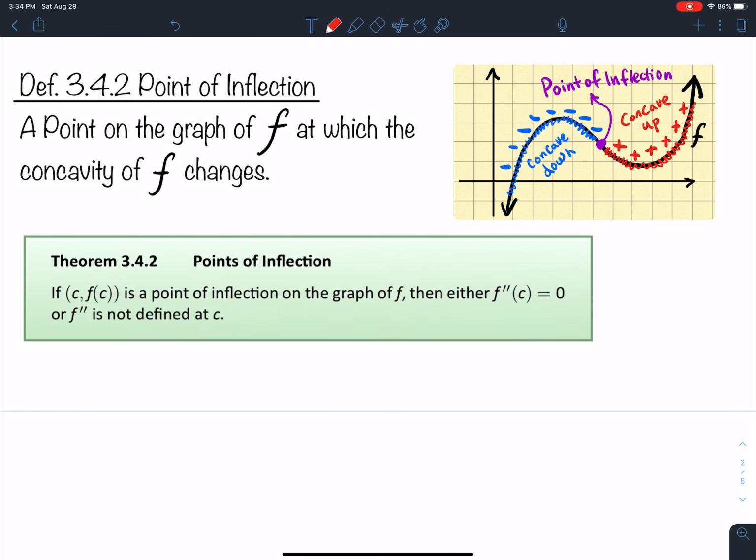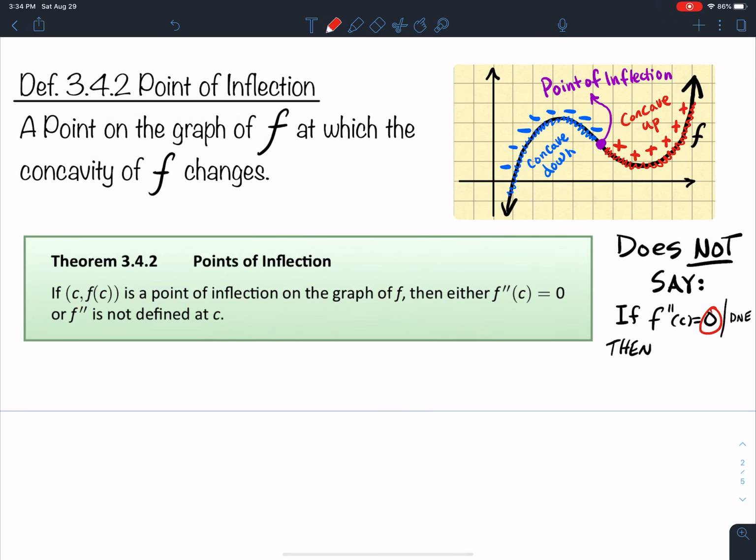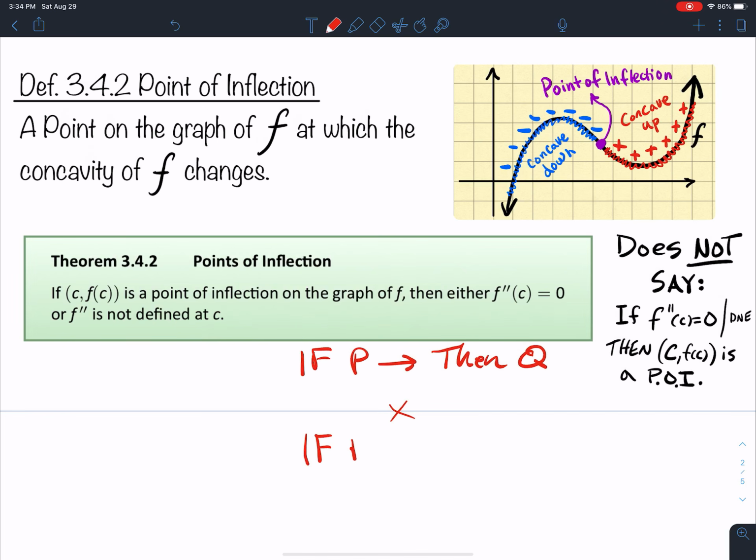Now, what this is not saying is that if the second derivative is 0 or does not exist, then we have an inflection point. That is not the case, okay? So we talked about this in other videos. If P is true, then Q is true is not the same as if Q is true, then P is true, okay?